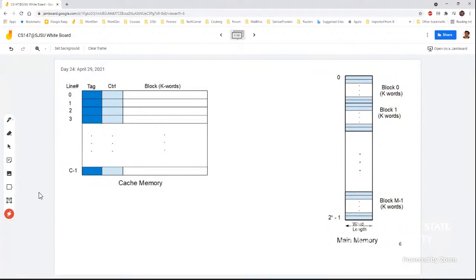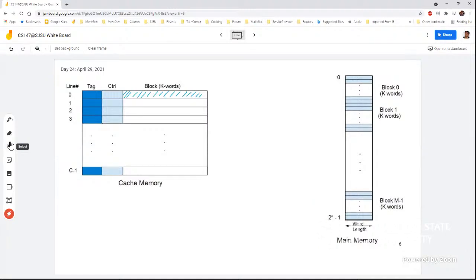So we have a couple of definitions in this scenario. Before we go there, I want to discuss this part, because pictorially it can be a little confusing what this whole block is. This is a very thin line we draw, but this whole line contains k words.